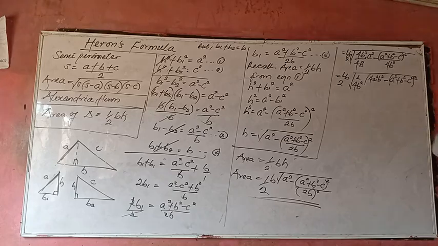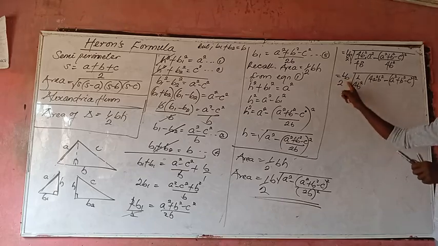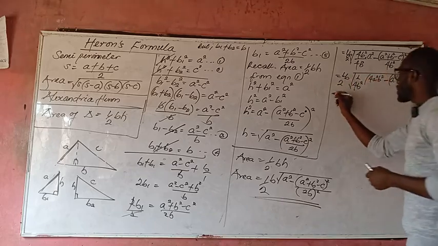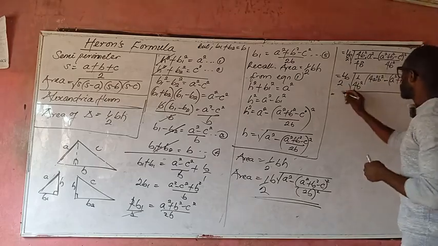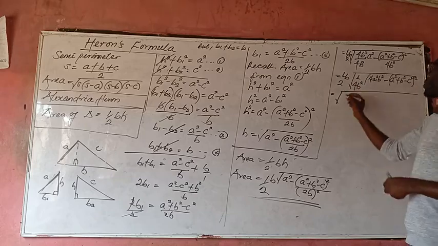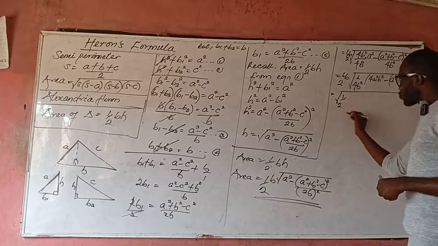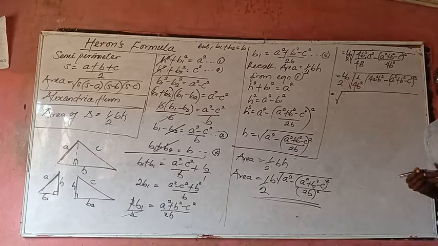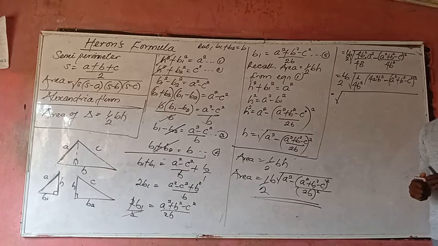Isn't it? Alright, so see what I'll do now. I want to bring this guy into this square root. I want to bring it to this family so that it becomes the square root of 1 over 2. If you bring this guy into a square root, you know it has to be squared.